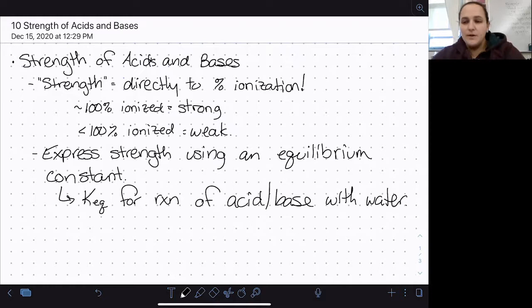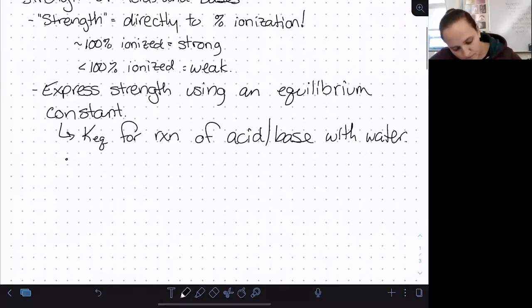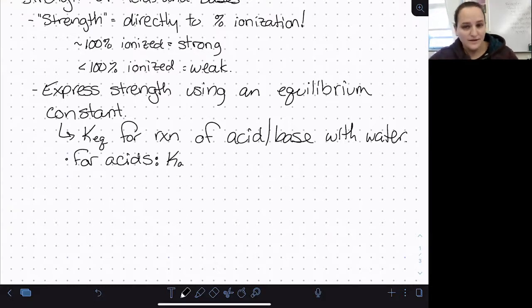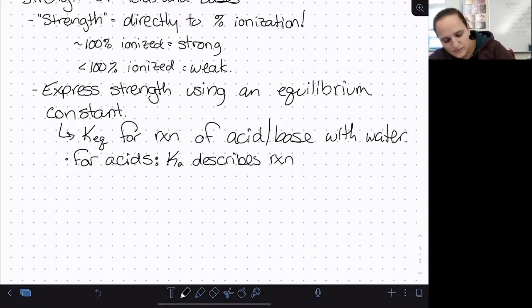We talked a little bit about how acids and bases react with water in the first video. So for acids, we have what's known as Ka, or the equilibrium constant for an acid, that describes the reaction of an acid with water.